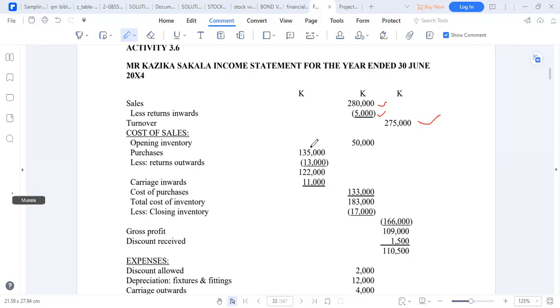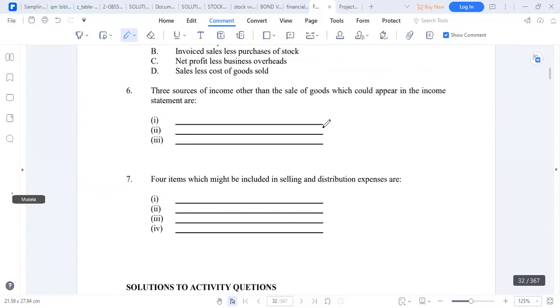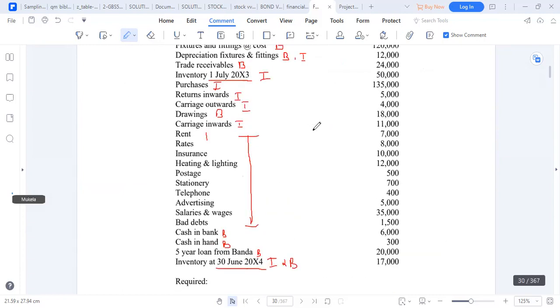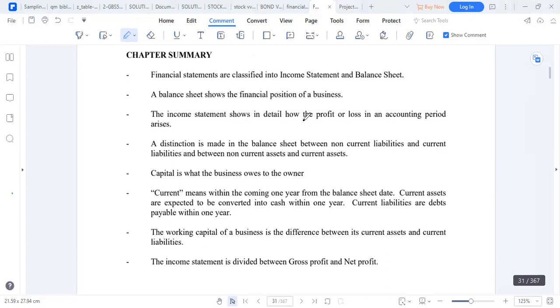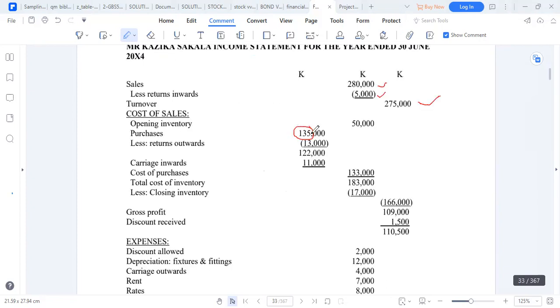We pick 135, which is the opening stock. You need to know which one is that. So we picked this one here, 135, because it is opening stock. So that is where the figure is coming from.